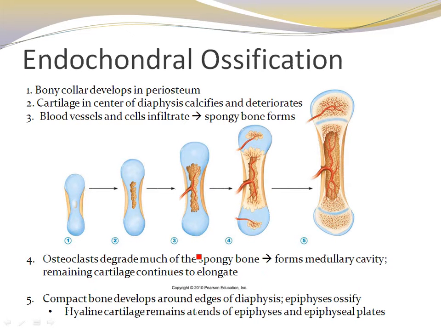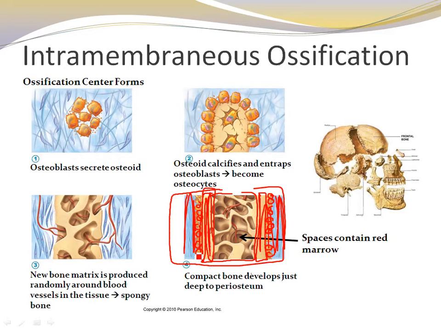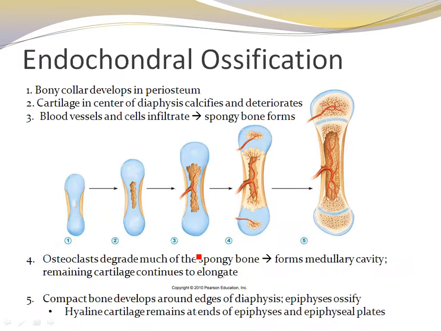Okay, what about the other bones in the body? Intramembranous ossification mostly takes place in the flat bones of the skull, some of the bones of the face. The clavicles develop through intramembranous ossification as well. Your clavicles, your collarbones. Most other bones in the body ossify through a process called endochondral ossification.